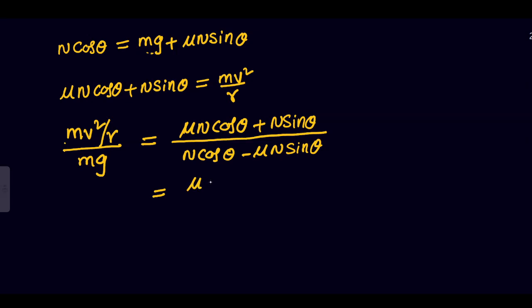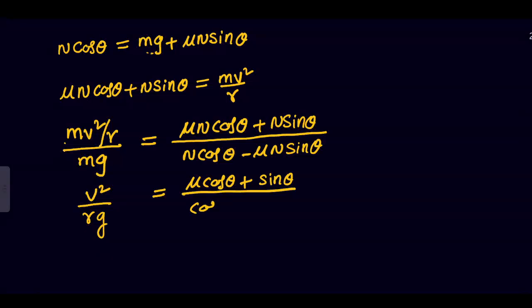So then it is equal to mu cos theta plus sin theta over cos theta minus mu sin theta. On the left side, m will get cancelled, so that is v square by Rg.